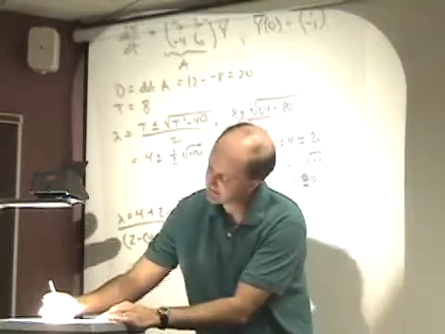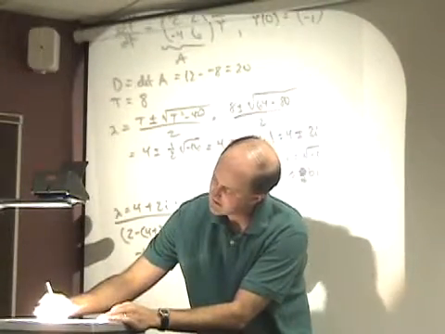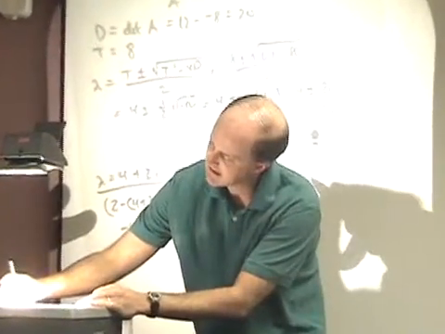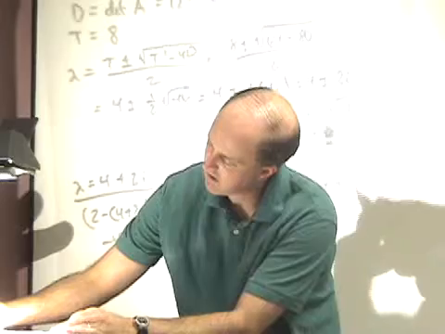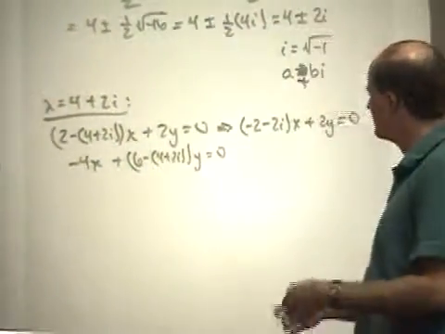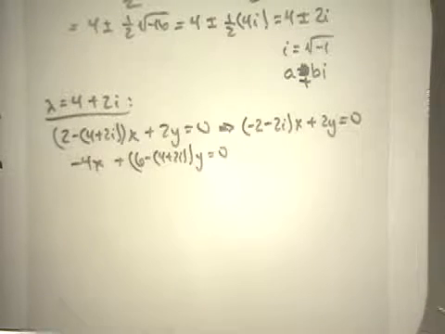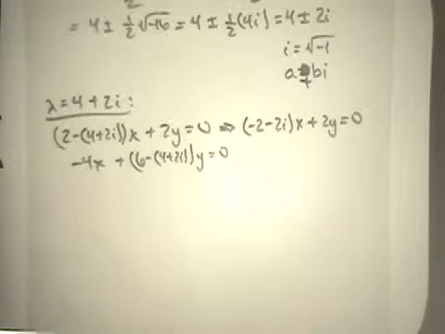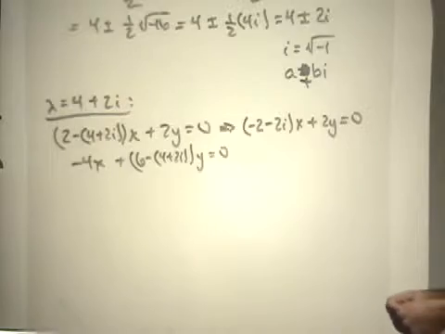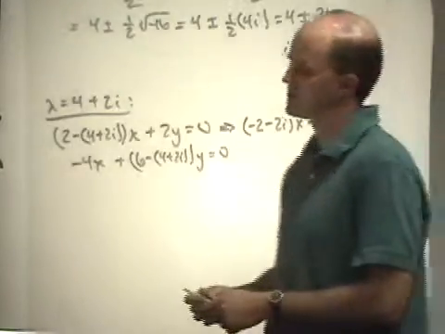This first one simplifies to (negative 2 minus 2i) times x plus 2y equals 0. The second one would simplify to negative 4x plus (2 minus 2i) times y. Those equations don't look redundant, but they actually are. I won't take the time to check that here, but let's just assume they are.